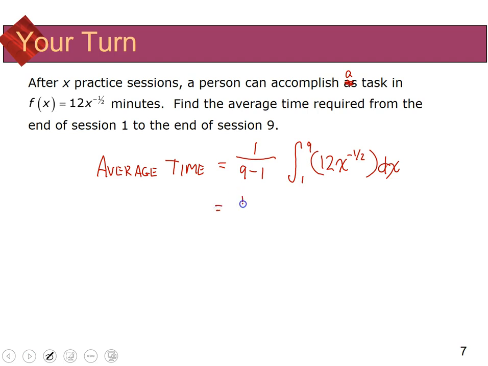So that's going to be 1 over 8. When I do the integral of 12x to the -1/2 power, I'm going to have 12 times x to the 1/2, because I add 1 to the exponent, divided by 1/2, evaluated from 1 to 9.